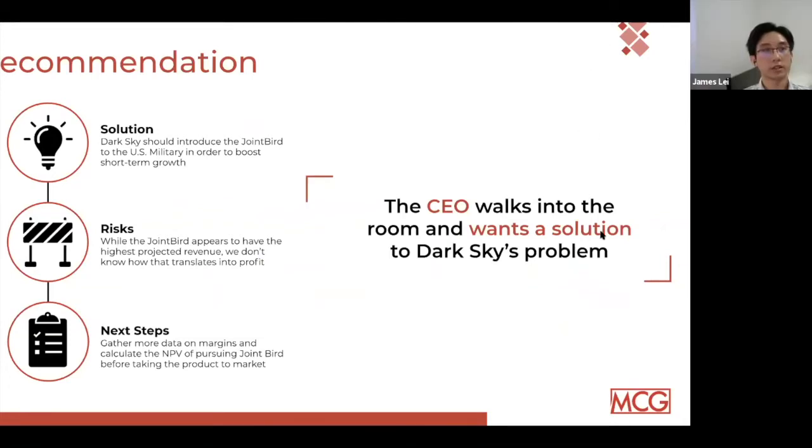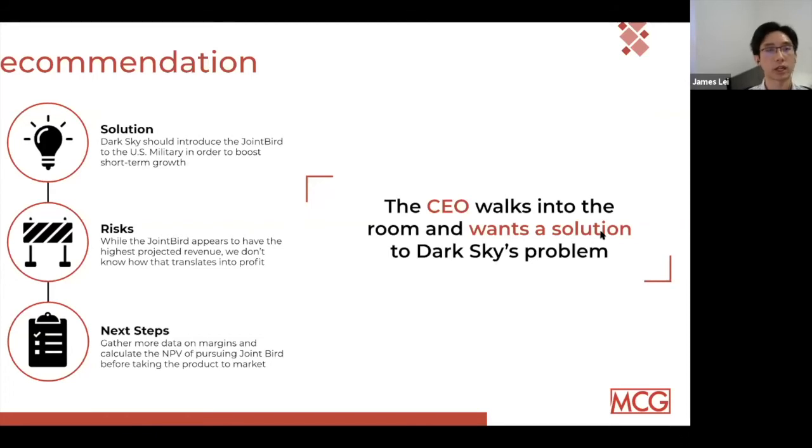Yeah, great. So based on our discussion and some of our analysis thus far, we know that the Assessor is the primary cause of why sales have stagnated recently, and we recommend that Dark Sky launch the Joint Bird and primarily sell to the US military in order to boost sales growth. The primary reason we arrived on the Joint Bird was the higher projected revenue that we saw from sales forecast figures, over 2 million more than the Seabird and the Sandbird.